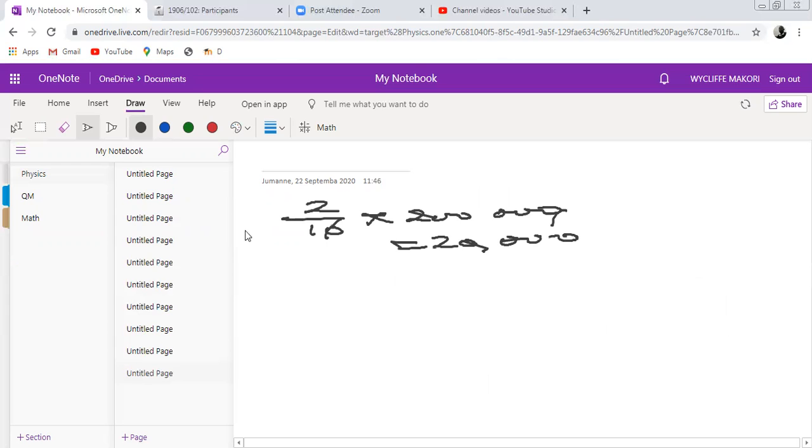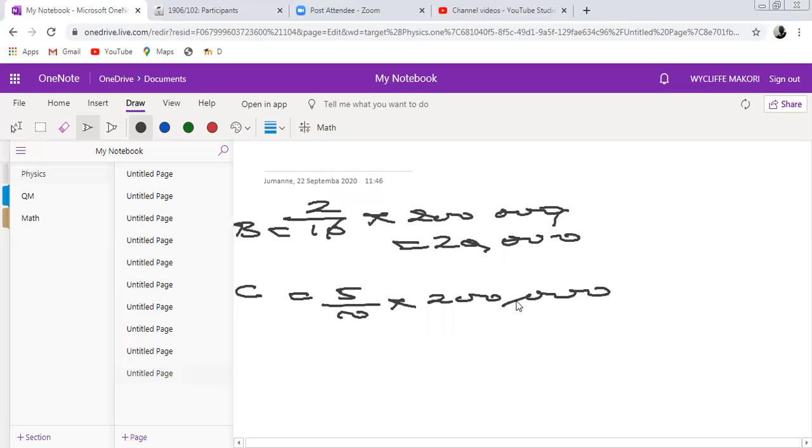And then C, this is the ratio for B. Then we have C, who will get 5 over 10 times 200,000, which will be equal to 100,000. Actually, for B it's supposed to be 40,000, not 20,000, because 2 times 2 is 4, so 40,000.